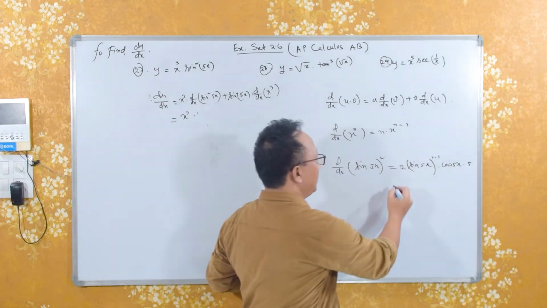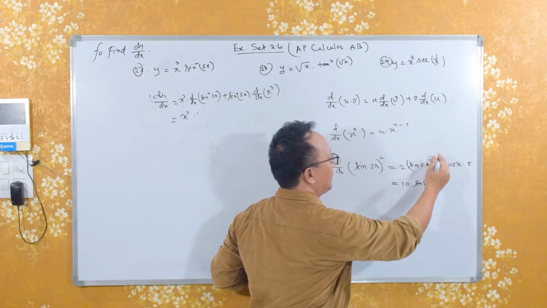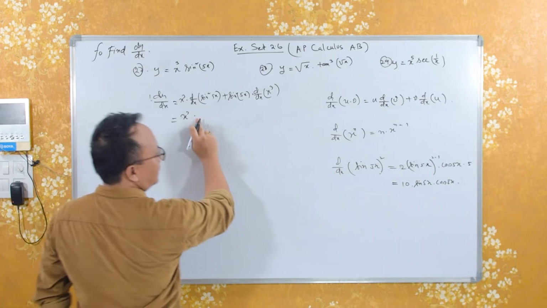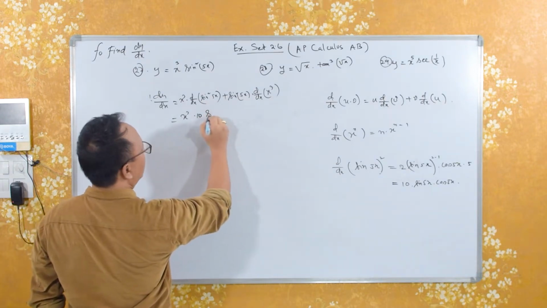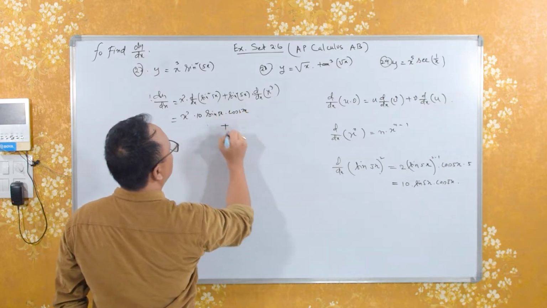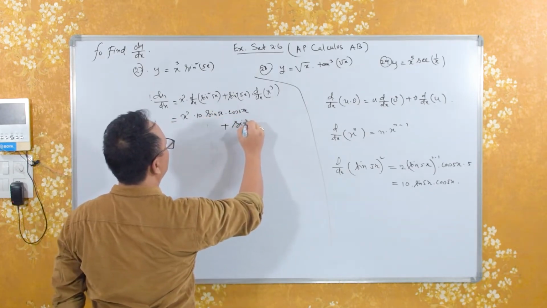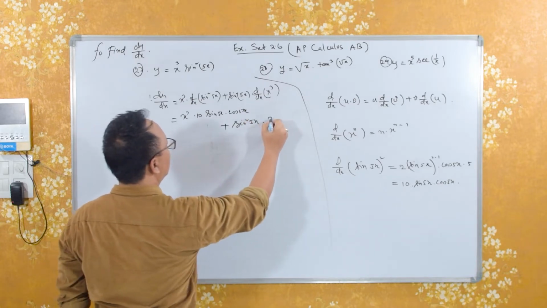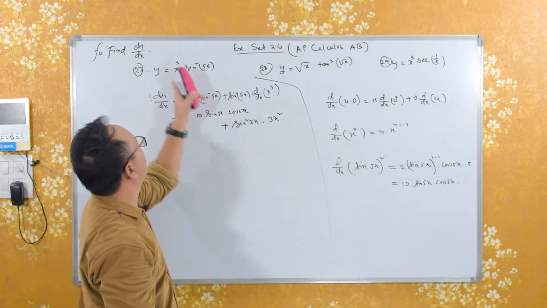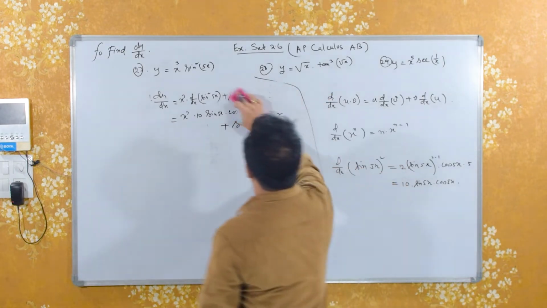Therefore 5 into 2 is 10, 10 sine of 5x into cos of 5x, plus sine square 5x times the derivative of x cube, which is 3x square. This is the required answer for 27. Now 28 is also one and the same.